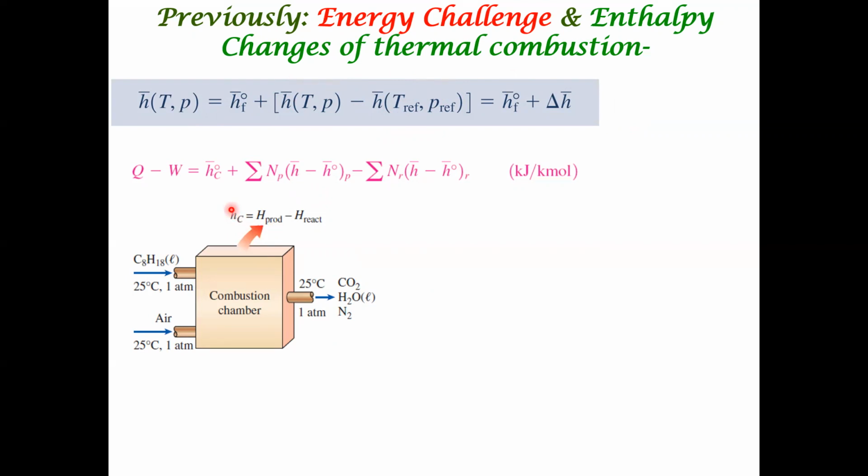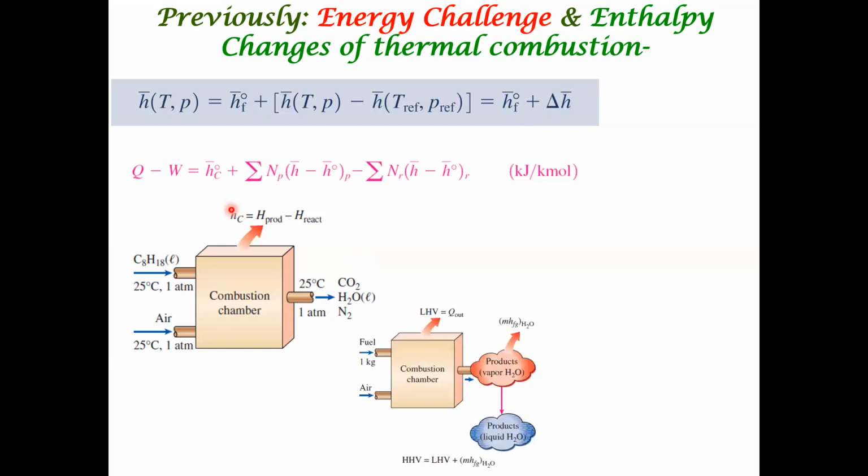Just the first law balance. And then there are a few technical terms you should be aware of. One is the higher heating value and lower heating value. These are all fairly commonsensical. That is, the products of combustion, let's say in this case, water, if it's in the form of a liquid, the act of conversion of water vapor to liquid itself involves hydrogen bond formation and some further energy release.